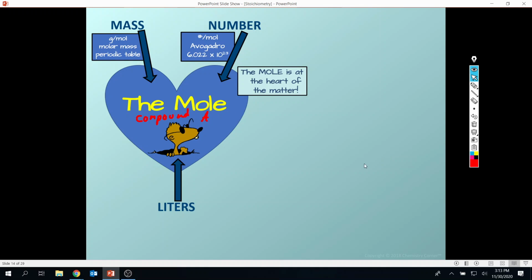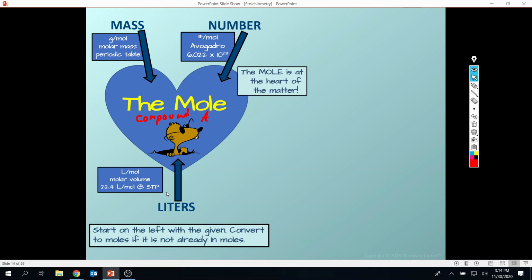There we go. Of course, remember that the way that we convert our mass to moles is through the molar mass. The way we convert the particles to moles is through Avogadro's number. And I just told you that liters of gas to moles goes through 22.4 at STP, standard temperature and pressure.